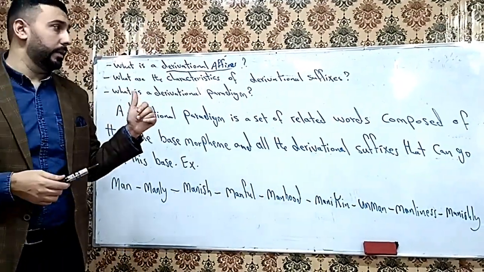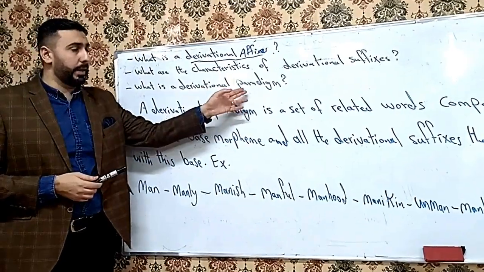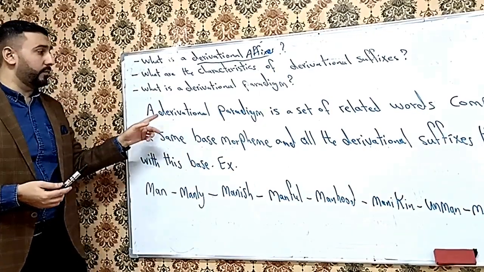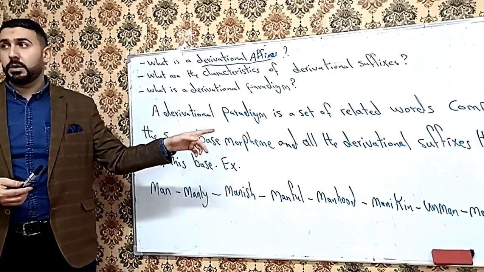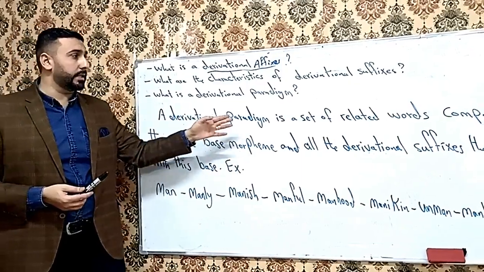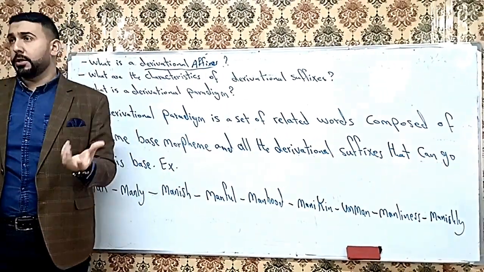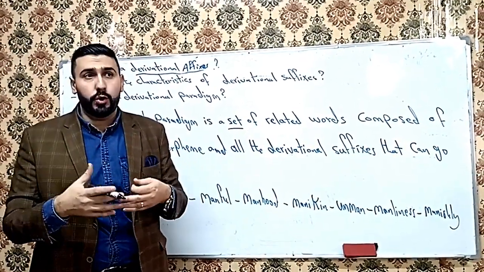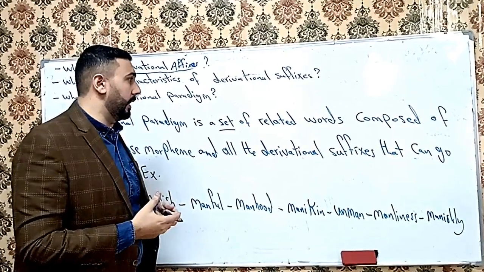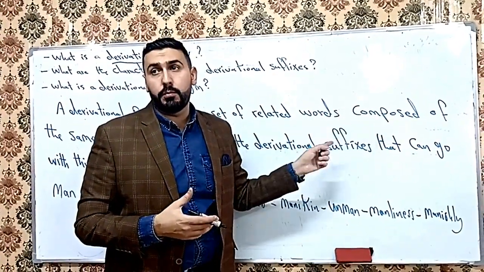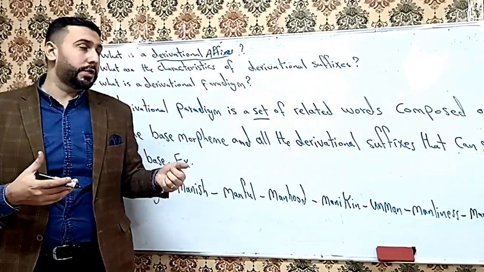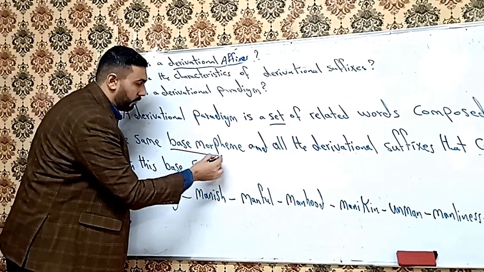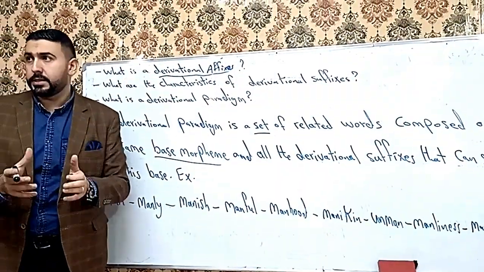فالديريفيشنال بارادايم يعني what is a derivational paradigm؟ ما هو النموذج الاشتقاقي؟ A derivational paradigm is a set of related words، مجموعة من الكلمات المتعلقة، composed of the same base morpheme، تشكلت من نفس المورفيم اللي يعتبر البيس الأساس.